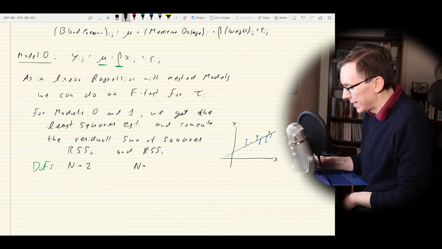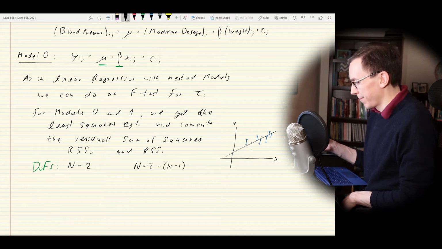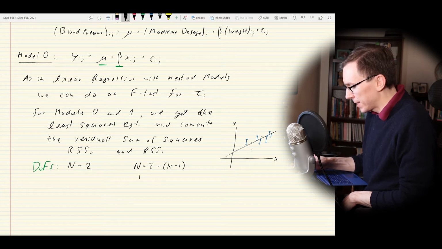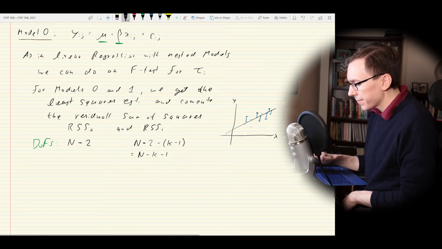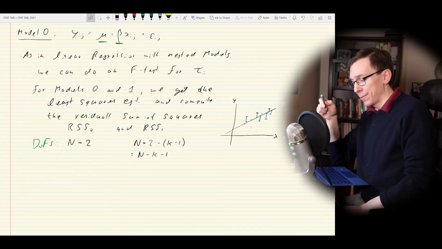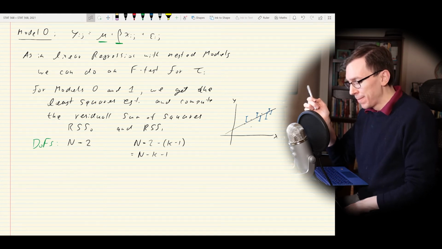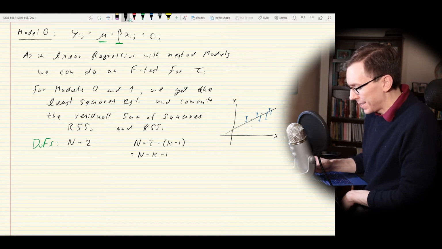So what we end up with is something like this, n minus 2 minus (k minus 1). And when we cram that all together, we get n minus k minus 1 for our degrees of freedom. So now that we have these degrees of freedom, we can get an F statistic.